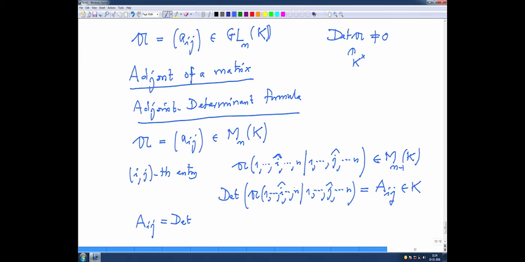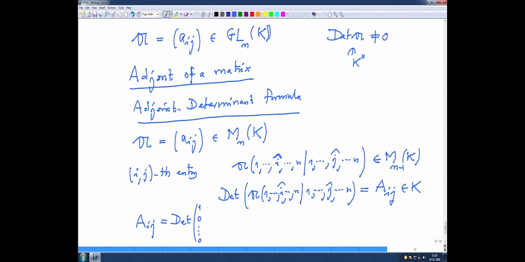Of course keep this matrix, and I want to enlarge it to an n cross n matrix by adding a row and a column. I add the first column as 1 0 0 0, and here I put the ith row on top, but only the entries from these columns.